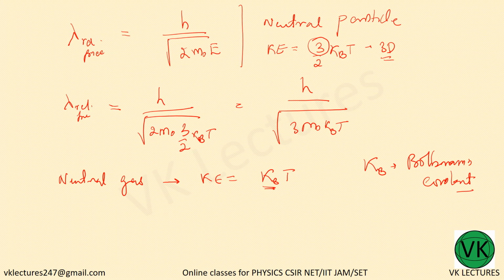So for a neutral gas particle, lambda will be equal to h divided by under root 2 m naught kBT.